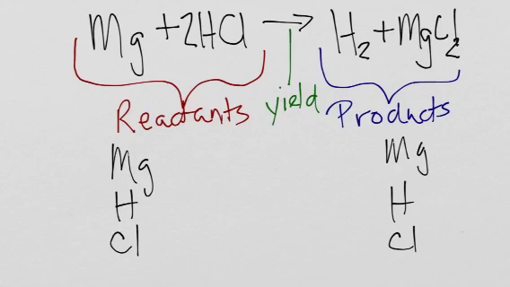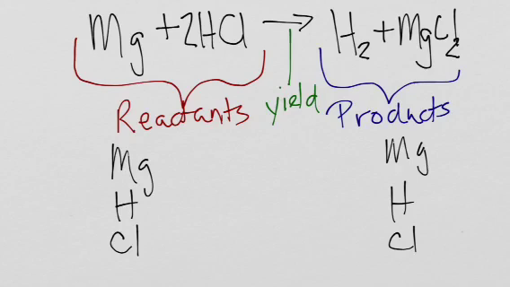The only difference is they break apart if they're stuck to somebody. In the case of hydrochloric acid, H and Cl are stuck together. They're bonded. When they come into contact with magnesium, magnesium breaks apart that bond and rearranges it.